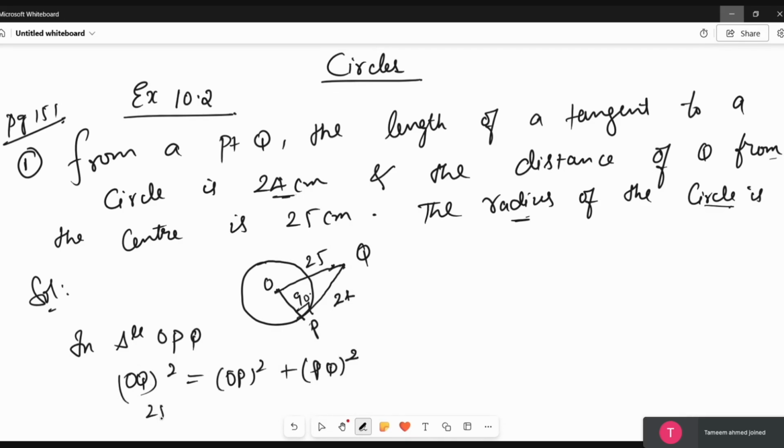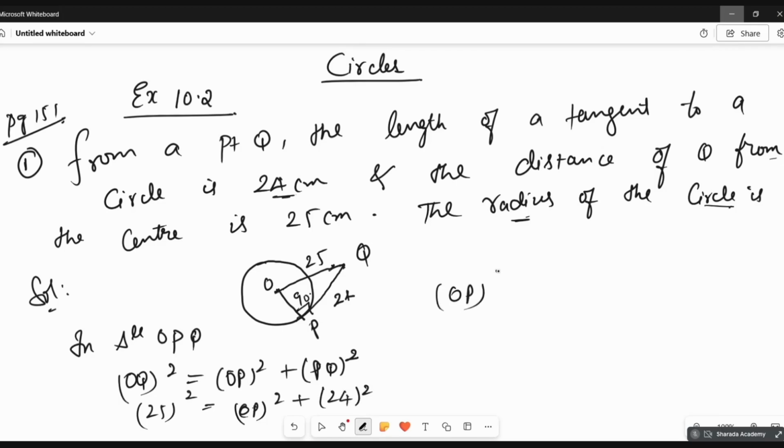So OQ is 25 square, that is equal to OP square you have to find, plus PQ square, it is 24 square. So OP square is equal to 25 square minus 24 square.